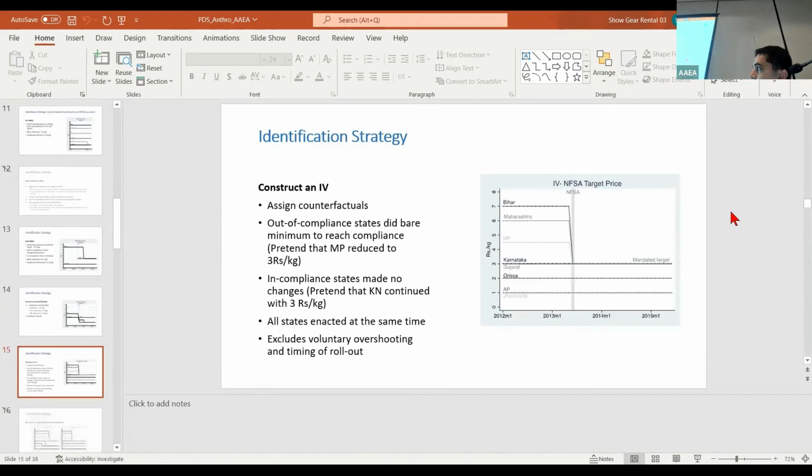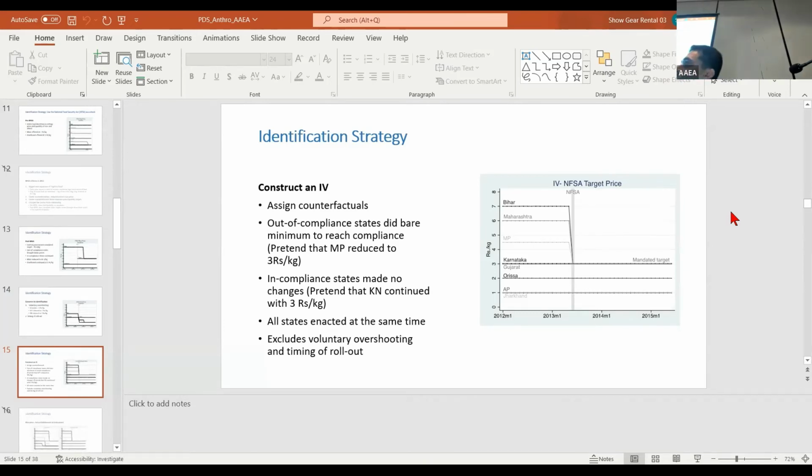So what we do is this: we employ an instrumental variable strategy where we assume that states did just the bare minimum to meet the mandated target. And so we assume away the extra expansion that was done by some of the states.